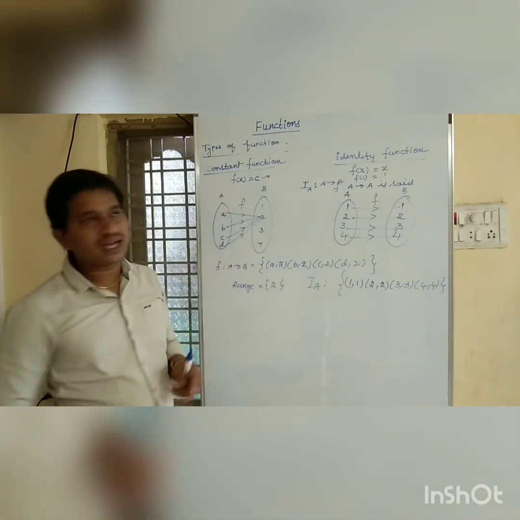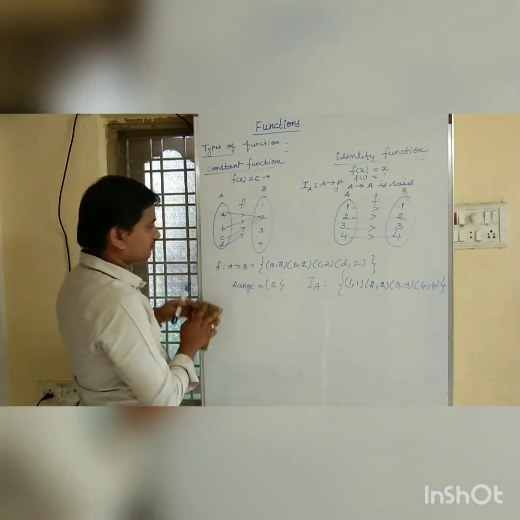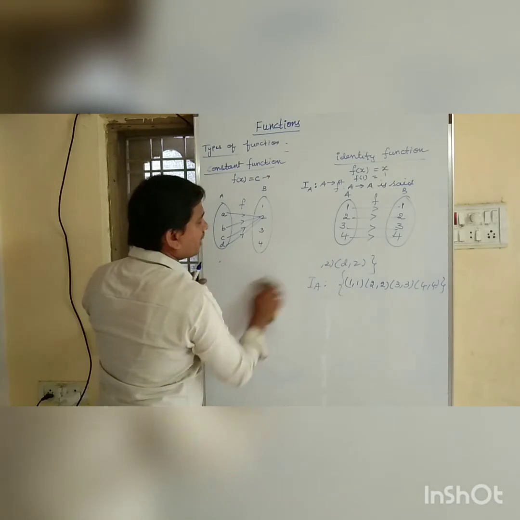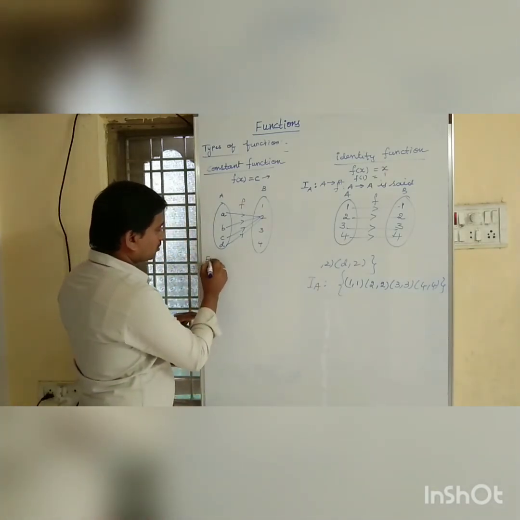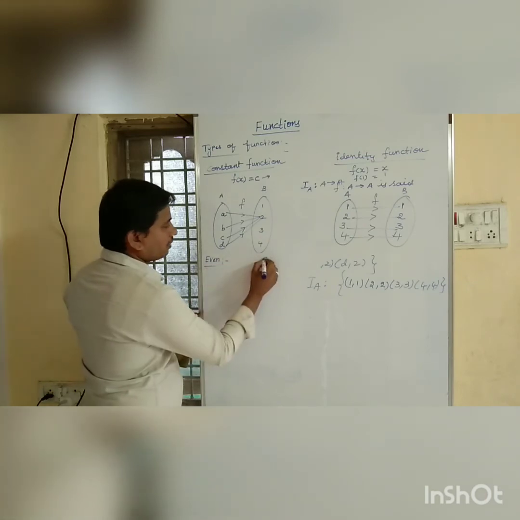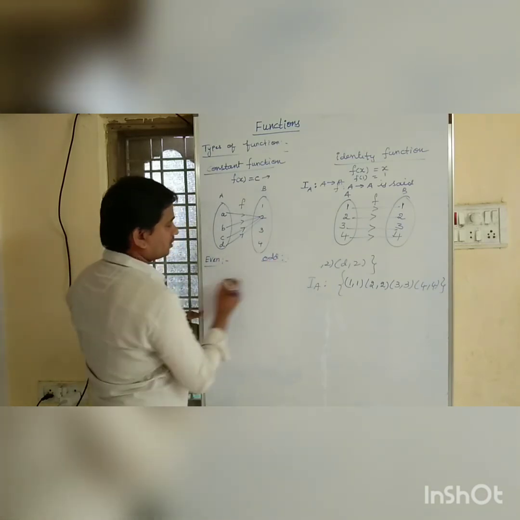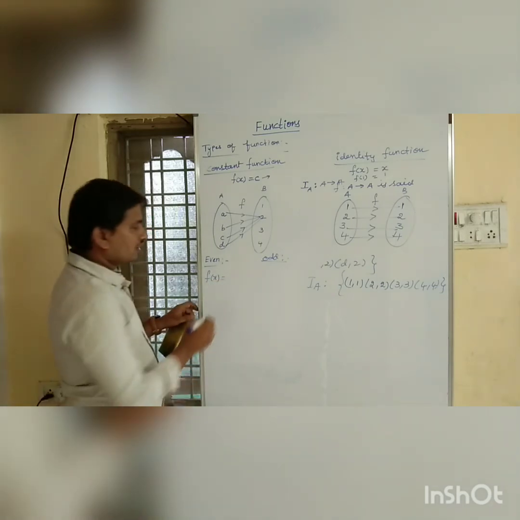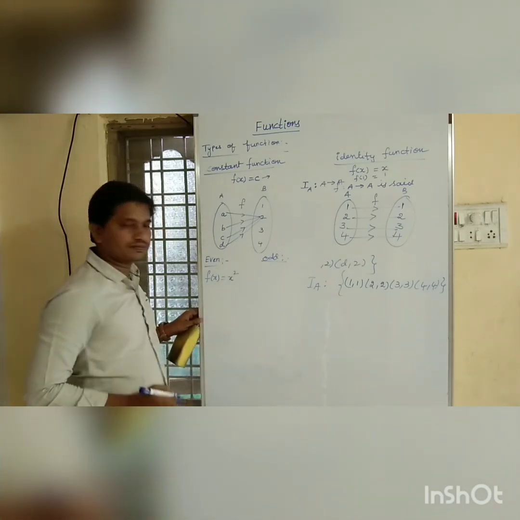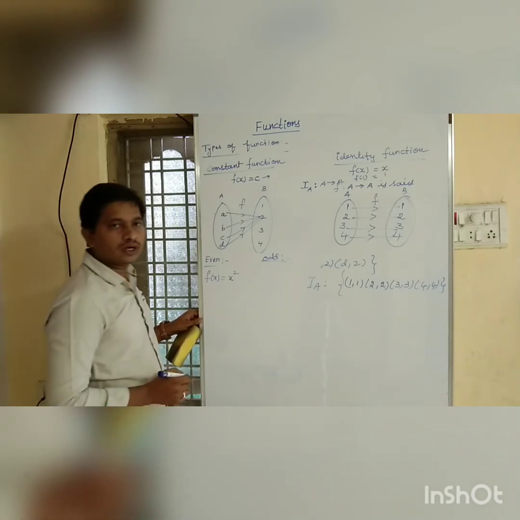Children, what do you mean by even function and what do you mean by odd function? Do you know what do you mean by even function and what do you mean by odd function? If for example f of x is equal to x square. Okay.